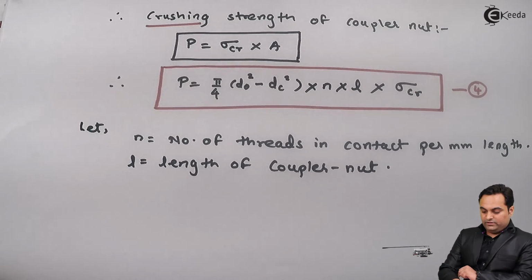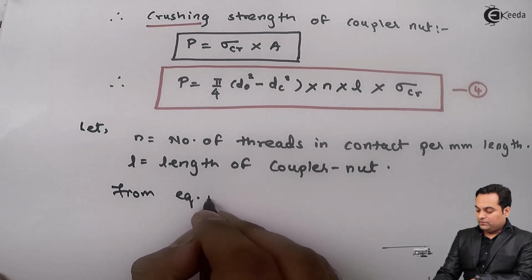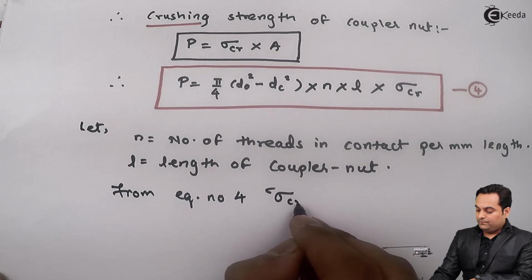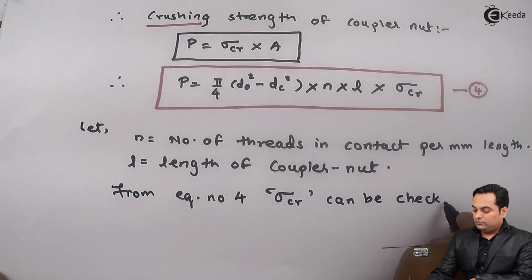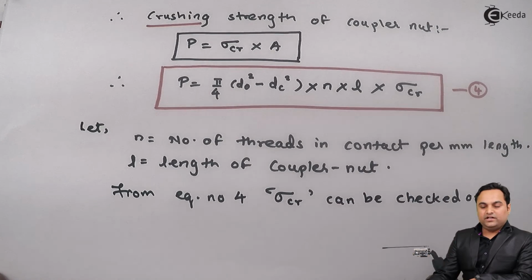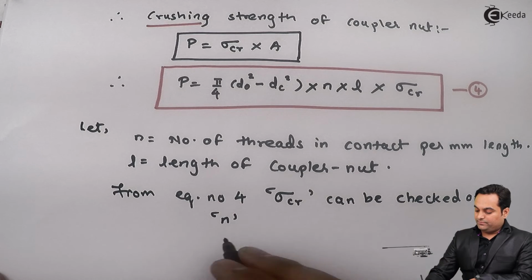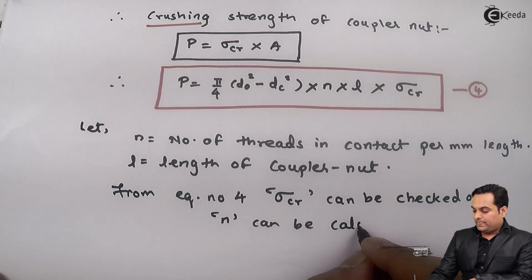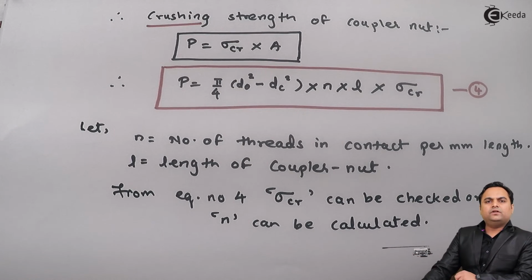So, from this equation number 4, sigma CR can be checked, or if sigma CR is known, then we can calculate n, the number of threads in contact per mm length. So, this completes our step number 2, that is design of coupler nut.